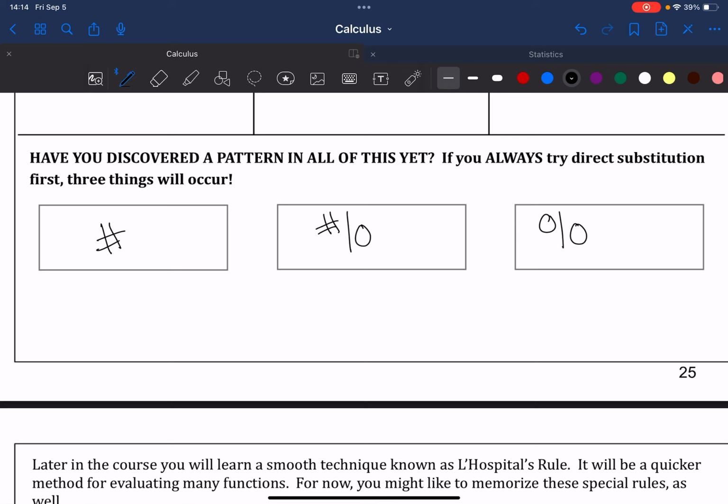If we get something that is undefined, then we need to first see if we could factor anything, cancel, rationalize, analyze, any possible thing to try to cancel anything out to see if we could get a limit. If we can't and we're left with 0 over 0, then that means we need to inspect one-sided limits. So we have to look as it approaches from the left and to the right, and we could possibly get infinity, negative infinity, or does not exist.